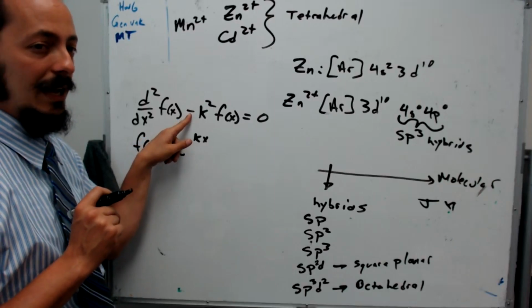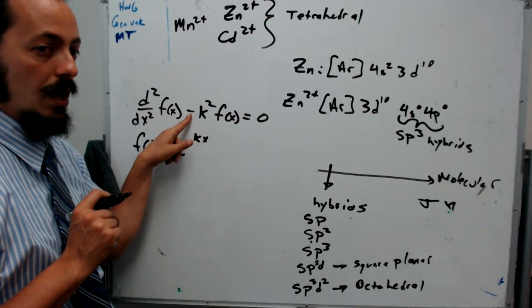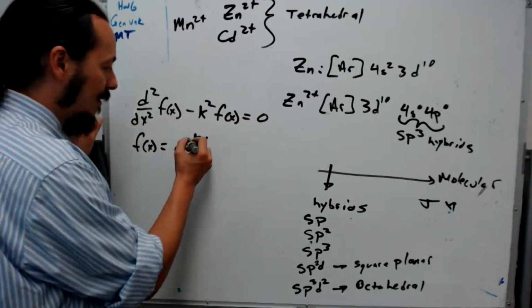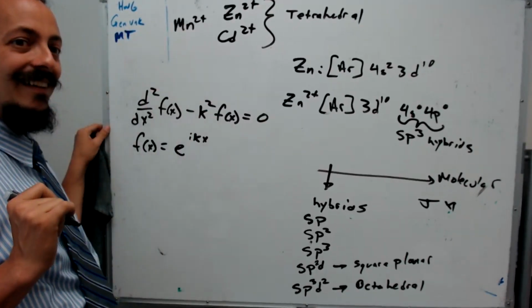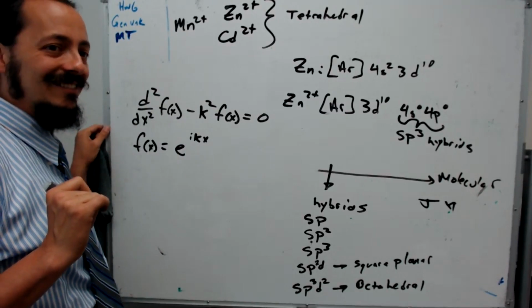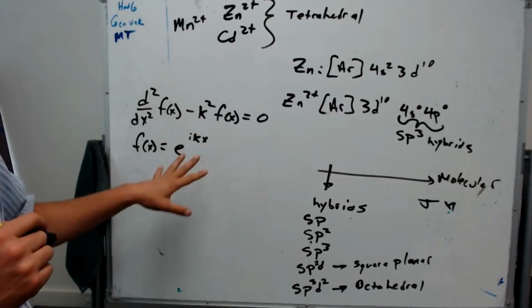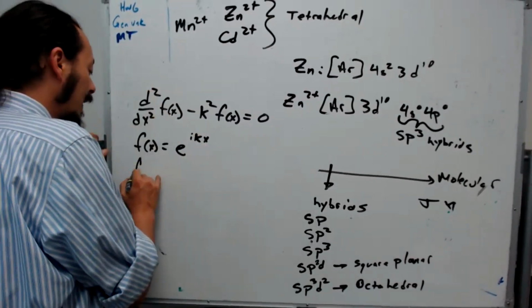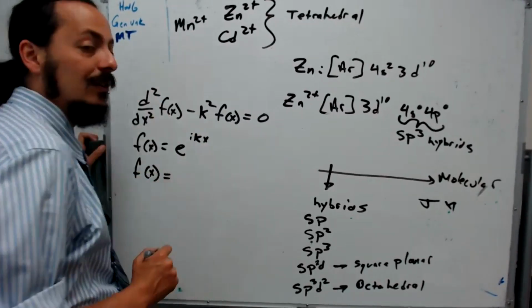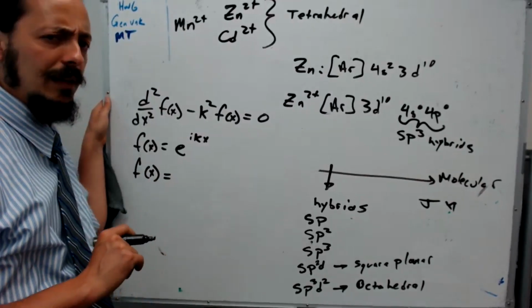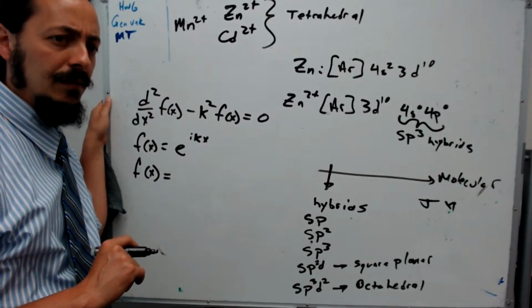So what times itself gives us a negative 1? Imaginary, right? So e to the ikx would be a solution to this. What's another thing that taking the derivative of twice returns the same thing back? Maybe with a negative sign out front. Negative cosine or negative sine.